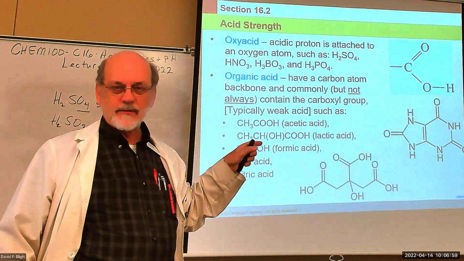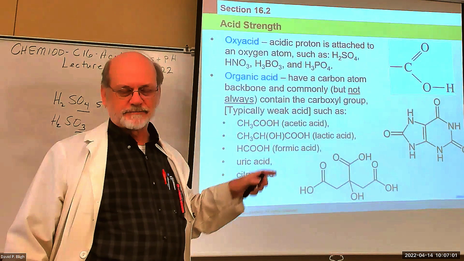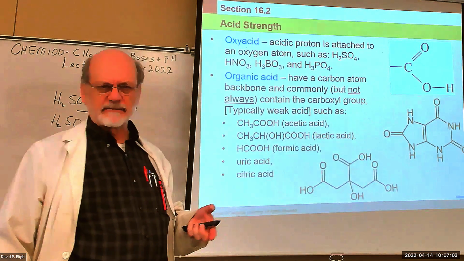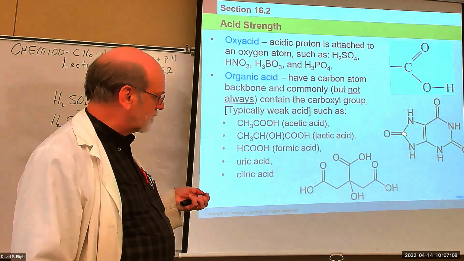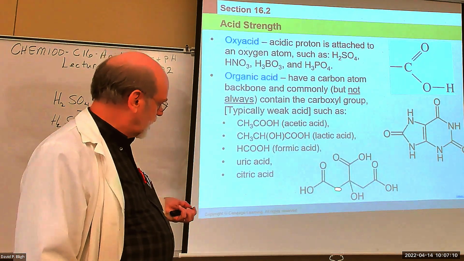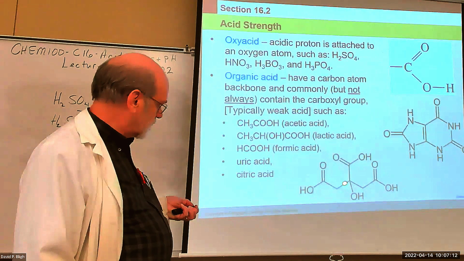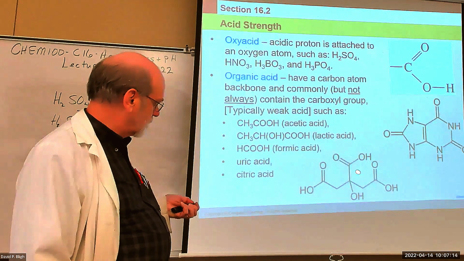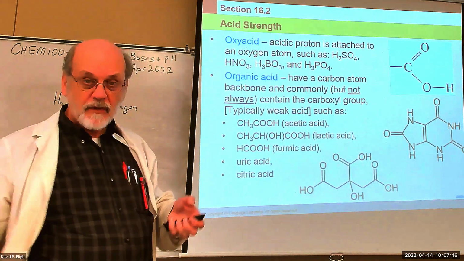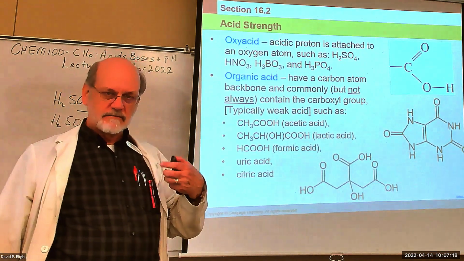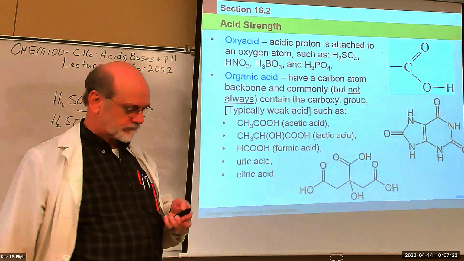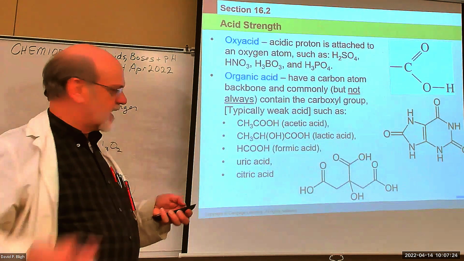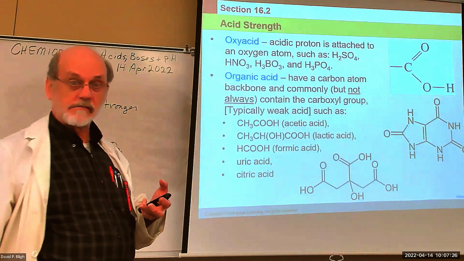But in organic chemistry, we don't write the carbons. It gets too busy. So that's a carbon, that's a carbon, that's a carbon, that's a carbon. This is a carbon, carbon, carbon, carbon, carbon, carbon. Now, if we have any other atoms in there, we usually write them in. Except sometimes we leave the hydrogens out too.